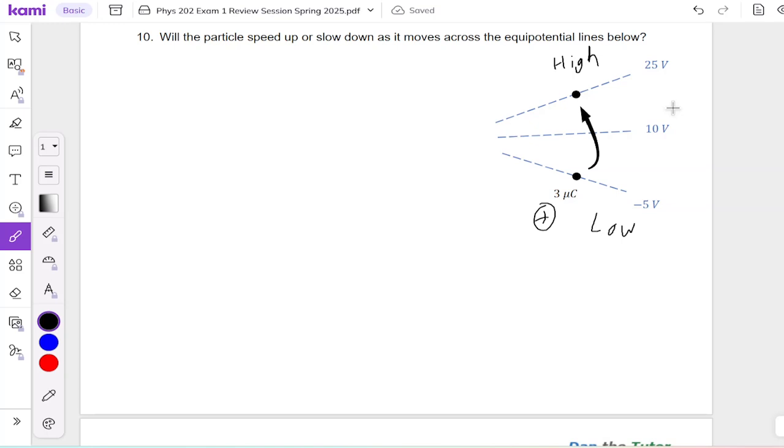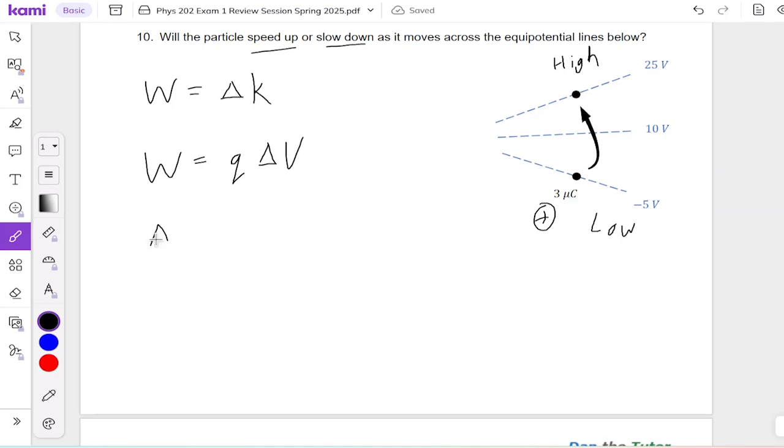There's actually quite a few ways you can think about this problem. Let me show you the first way you can think about it with the equation. If I'm talking about speeding up or slowing down, that's definitely going to be work equals delta K. We also know work equals Q delta V, right?